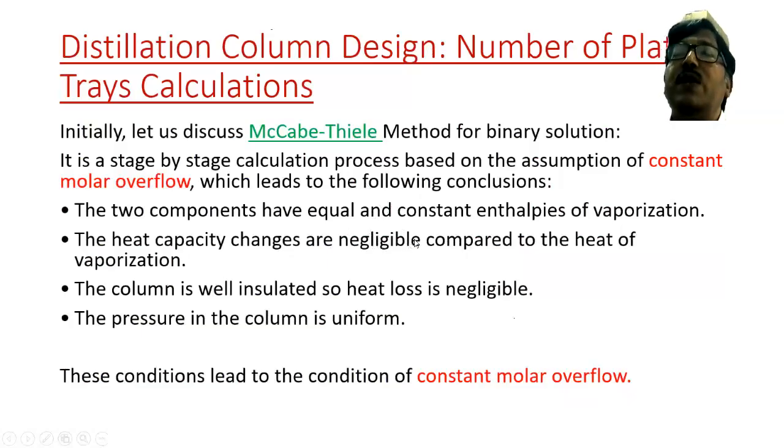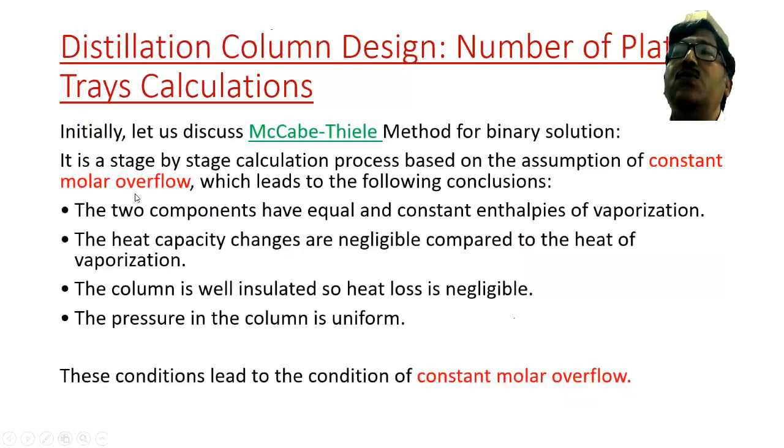But the liquid flow rate in the stripping section and in the rectification section are not the same. Vapor flow rates are also not the same, because feed is entering and that is contributing some portion of vapor and liquid in each section.